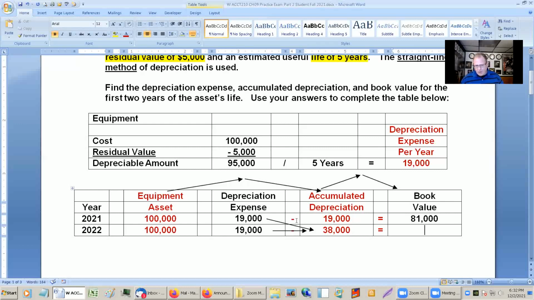And 100,000 minus 38,000 is 62,000. You'll see it keeps going down by 19,000 every single year, because the accumulated depreciation keeps growing, and eventually it will go up to 95,000, and this equipment will only be worth 5,000 at the very end.